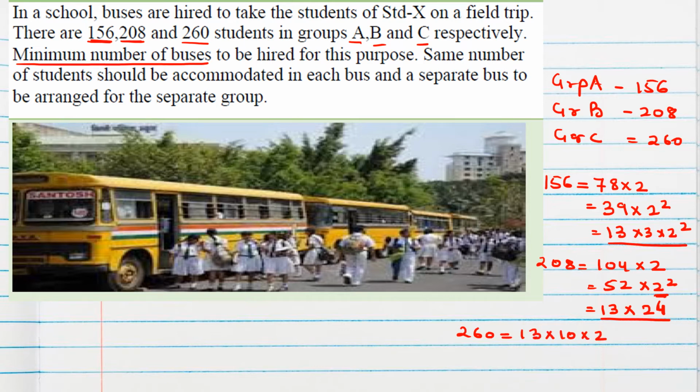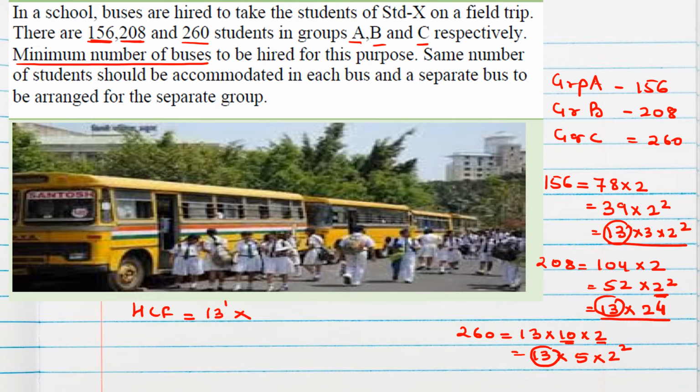Now for 260, we can write 13 into 20, which splits as 13 into 5 into 2 square. So to find HCF, we should take the least power of the common factors. The common factor is 13 and the least power is 1 only.